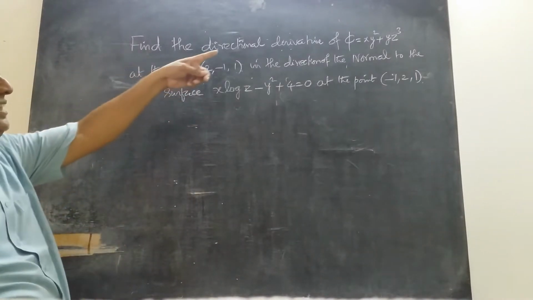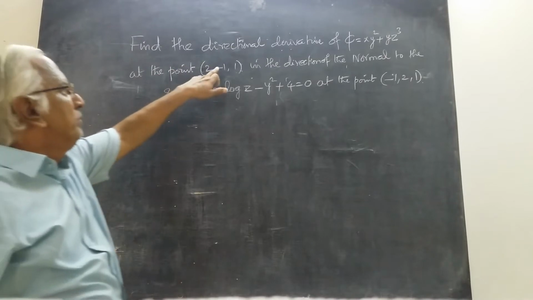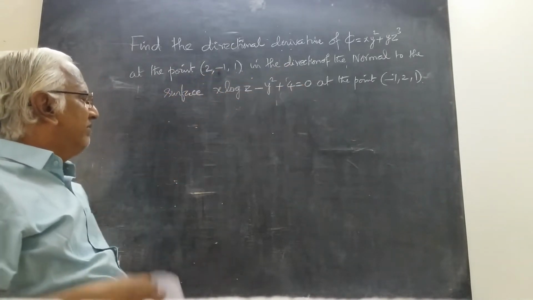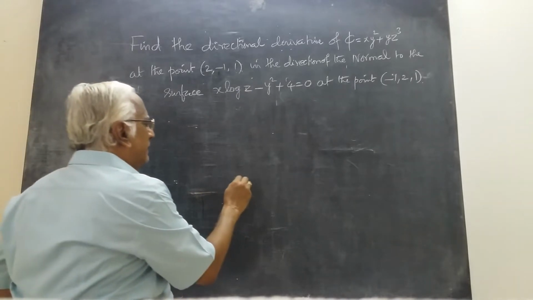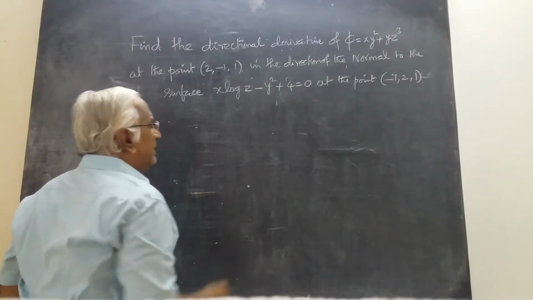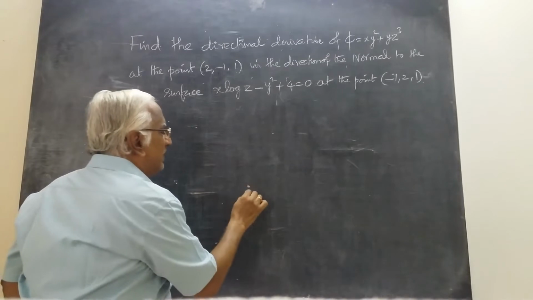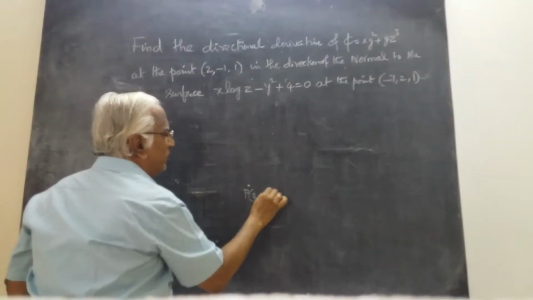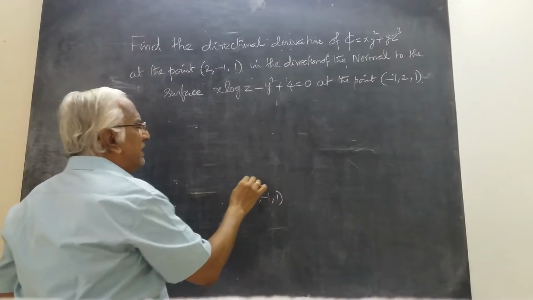Find the directional derivative of the function phi at the point in the direction of the normal to the surface. You are given a function phi and a point.